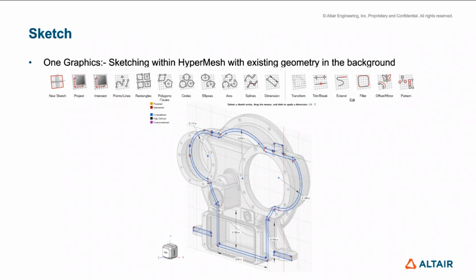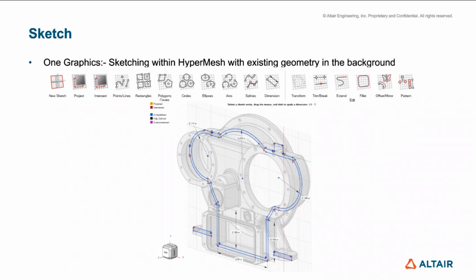So starting off in the sketch tool, the main enhancement that has been requested from the field was to be able to see the sketch graphics on top of your current model, and that's been added. So it's one graphics now. So you can easily select a plane or a surface from your existing model as a reference, and actually that can be seen in the background. So just like Inspire, it becomes very easy for the users to work with Sketch.